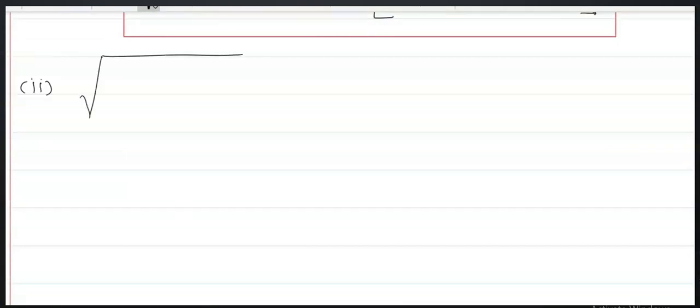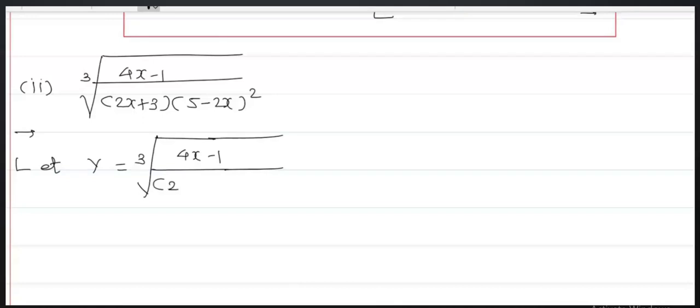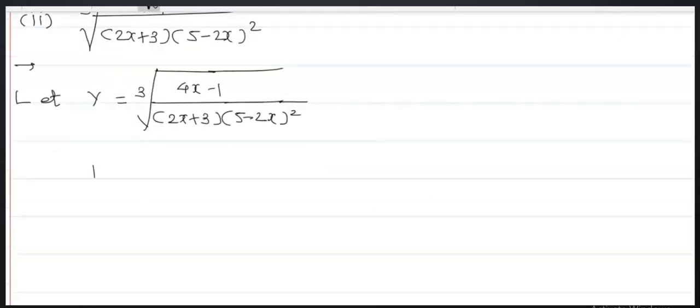Second, that is the cubic root of 4x minus 1 upon 2x plus 3 into 5 minus 2x bracket square. y is equal to the cubic root of 4x minus 1 upon 2x plus 3 into 5 minus 2x bracket square.